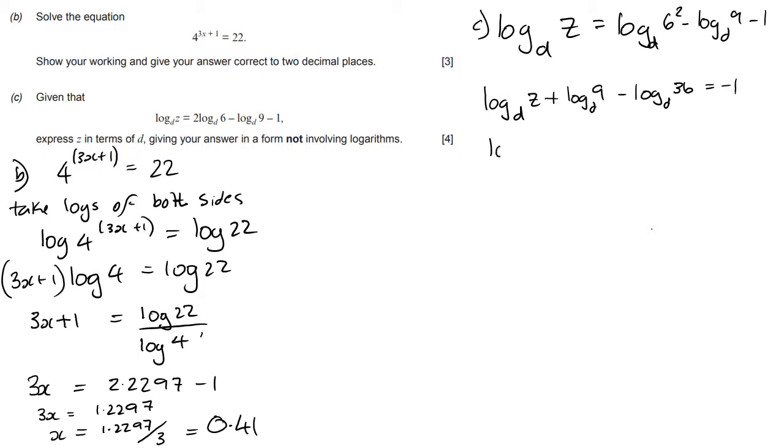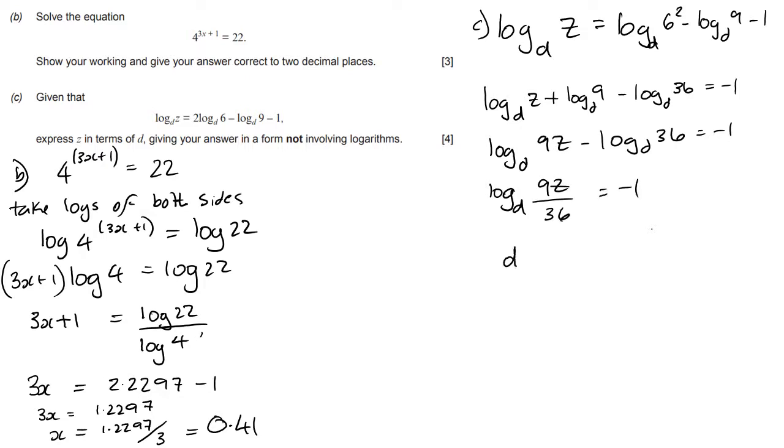So it will be log d of 9z over 36 equals minus 1.